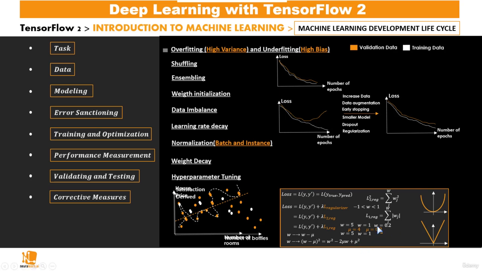But when this value is put in here to obtain the regularization loss, we now get a value of 0.04 for the L2 regularizer, and a value of 0.2 still for the L1 regularizer.